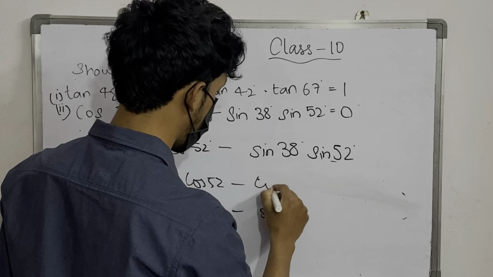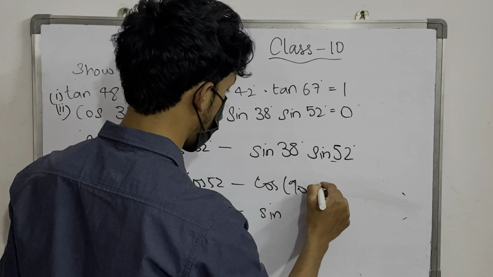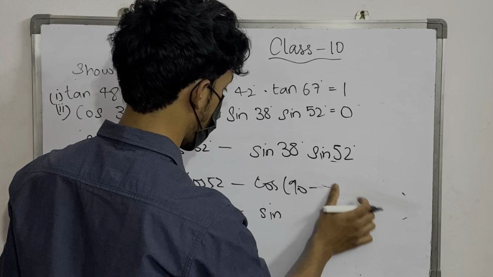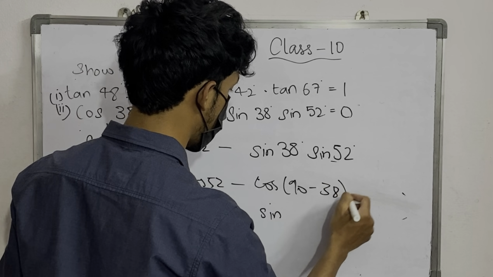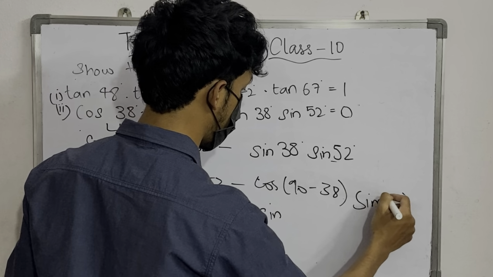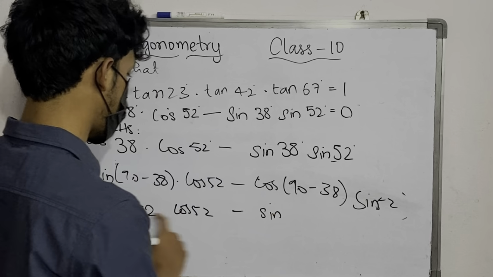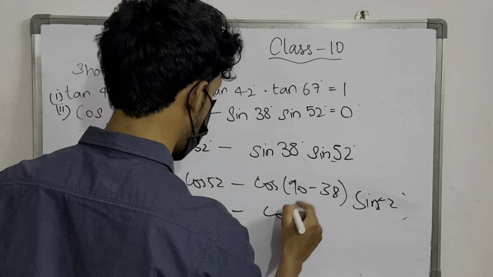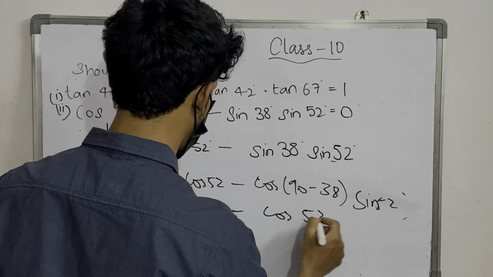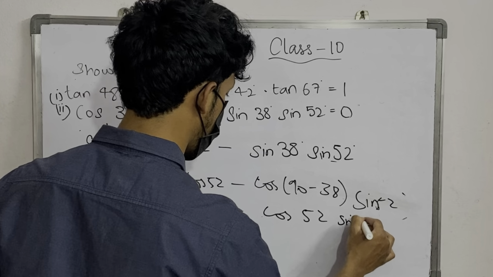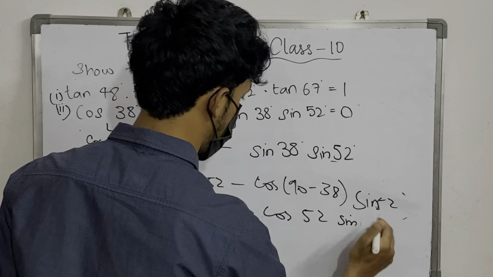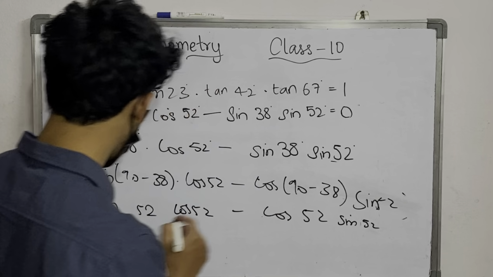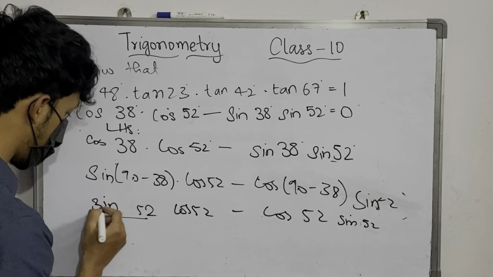So I make this term in the form of sin 52 and sin 38 becomes cos 52. So sin 52 and sin 52 get matched, and here we have cos 52 and cos 52.